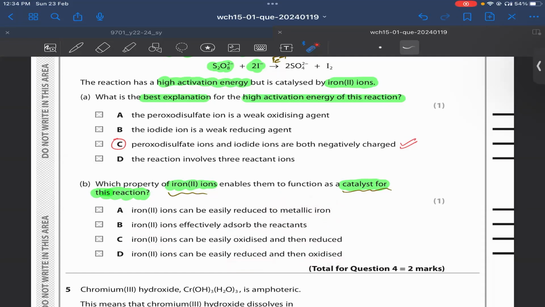It will be easily oxidized and then reduced, right? So why are you saying this? Yes, what is the reason?